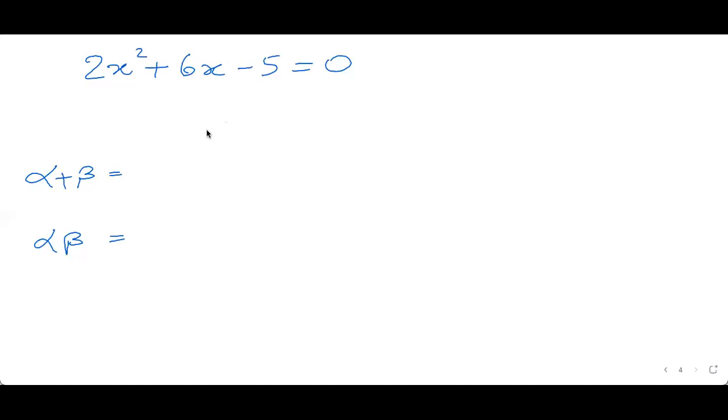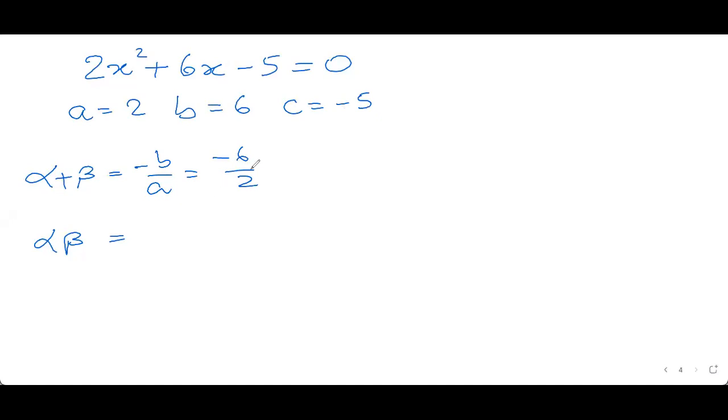First thing, is it in the general form? Yes, it is already in the general form. RHS is 0. We have a term with x squared, we have a term with x, and we have a term without the x. So our A is 2, our B is 6, and our C is minus 5. So the sum of the roots will be minus B by A, which is equal to minus 6 by 2.